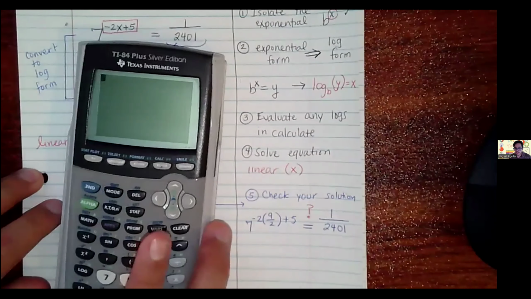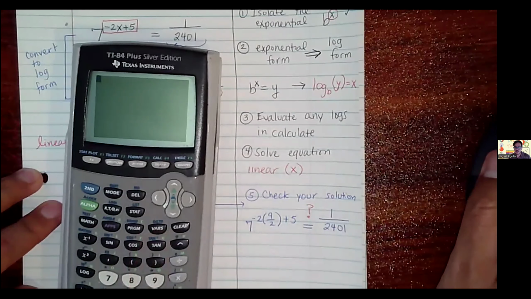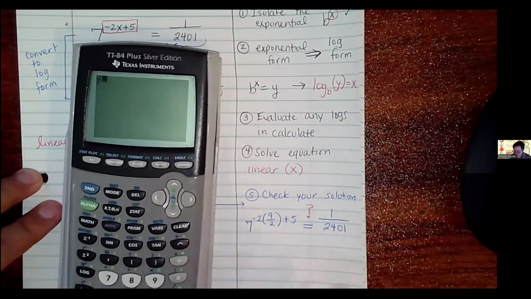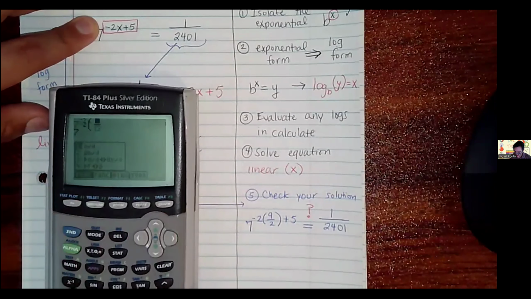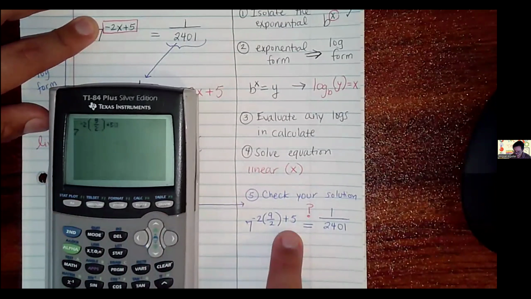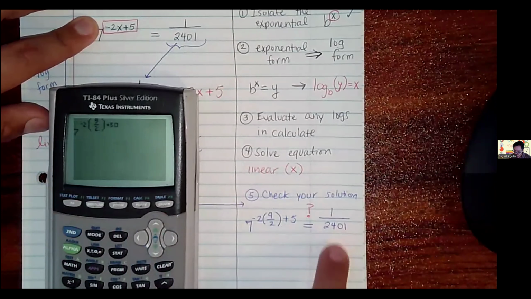So I'm going to grab my calculator here, and I'm going to put 7 raised to the power -2 parentheses. I'm going to put a fraction in the parentheses, 9 over 2 plus 5. And I'm going to see if that equals the same thing as 1 over 2401.